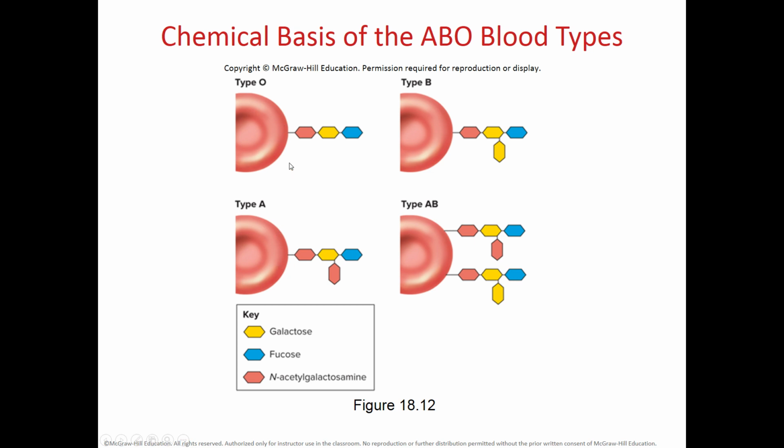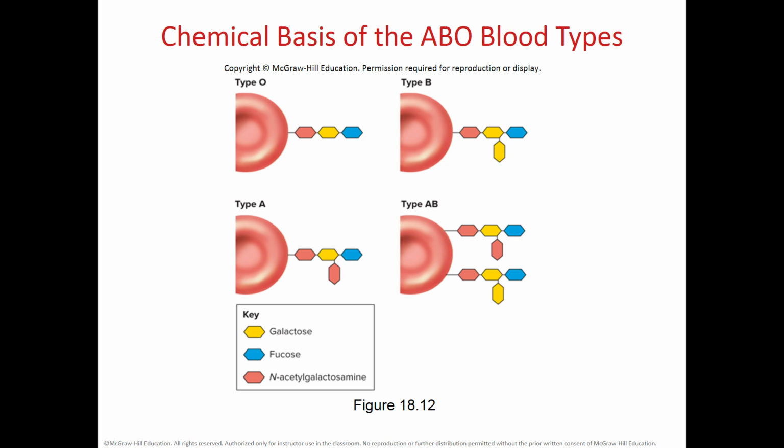Type A has a similar antigen to type O, as you can see here, the red, yellow, and blue color, plus it has this N-acetylgalactosamine. Type B is similar again to type O, but it has this extra galactose.